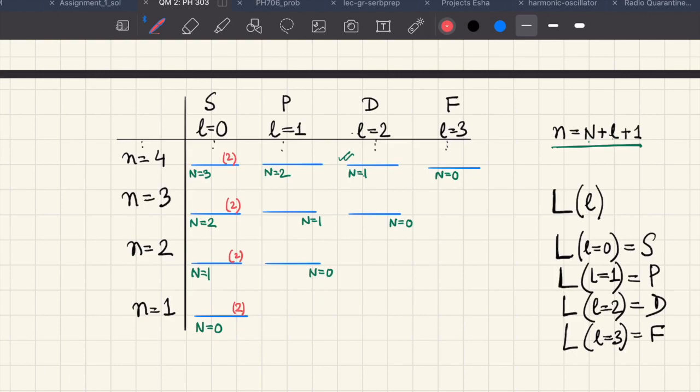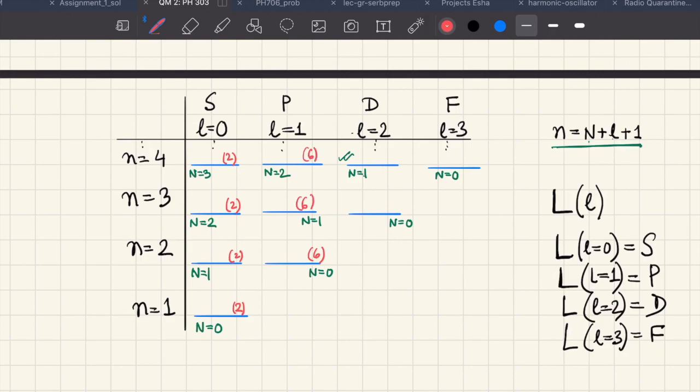And corresponding to these 3 different m values, we will again have ms values plus and minus half for each of these states. So 3 into 2, so that will be 6. So this is 6, the degeneracy.